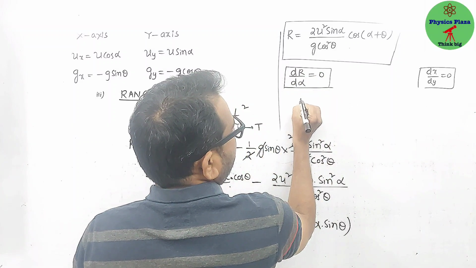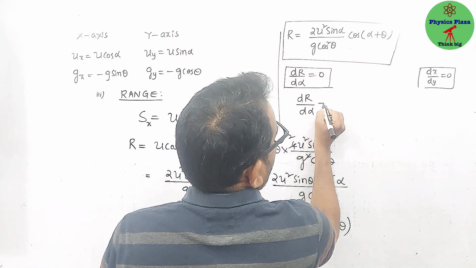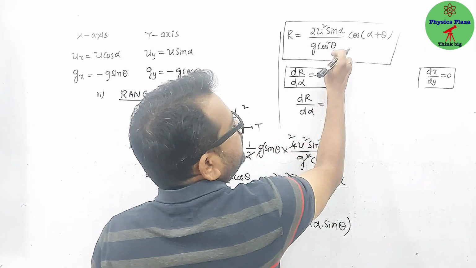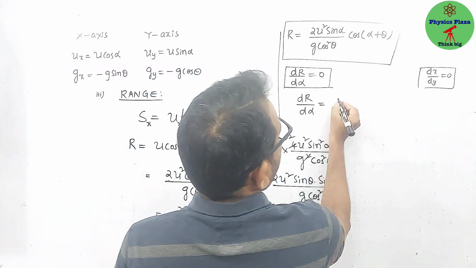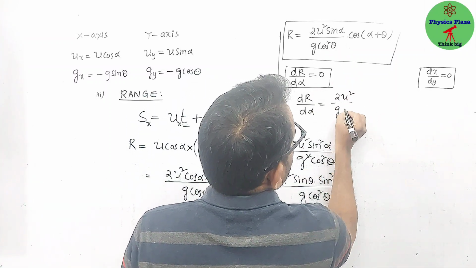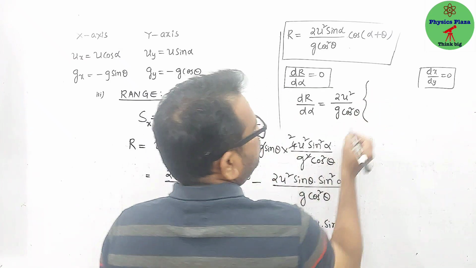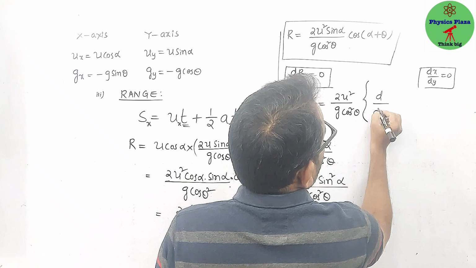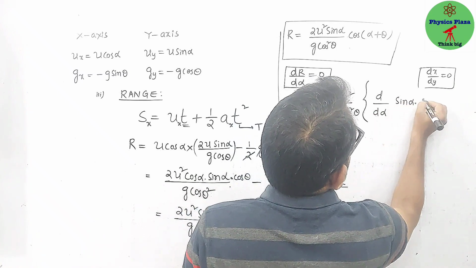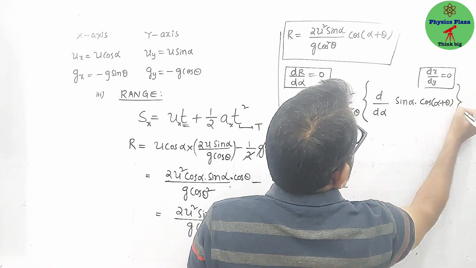So first we need to find the differentiation of r. So here, as we are differentiating r in terms of alpha, the theta component will be constant. So this entire term 2u square by g cos square theta remains constant, by d by d alpha of sin alpha into cos alpha plus theta.